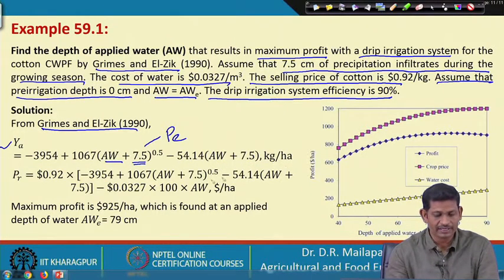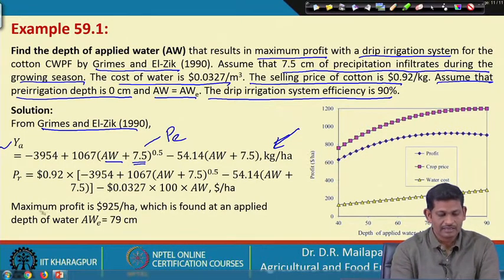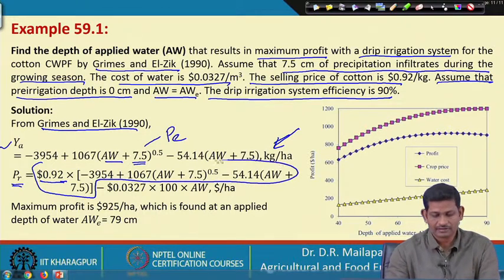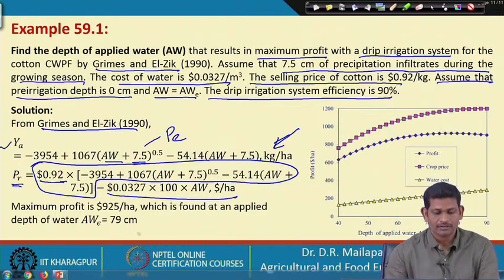This is in kg per hectare, the production. Now profit is equal to YA multiplied by 0.92, which gives the selling price of the crop, and then this is the water cost, the price of water times applied water.